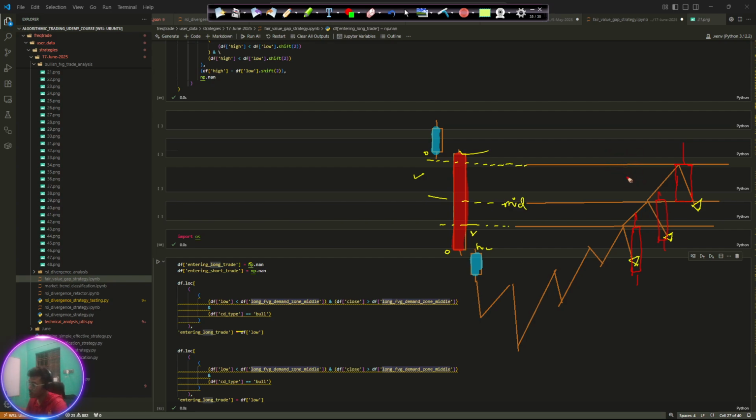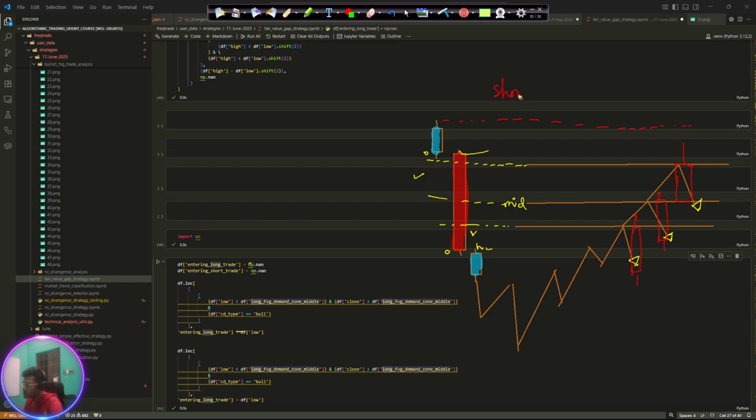These will be my short conditions, the stop loss will be around there, and take profit we can take 1:3.